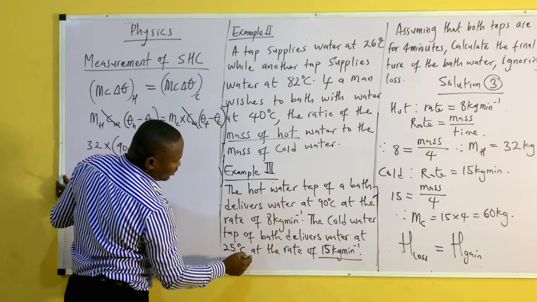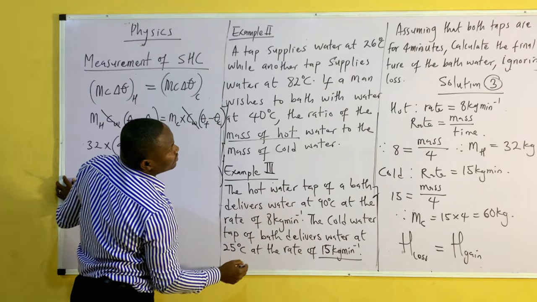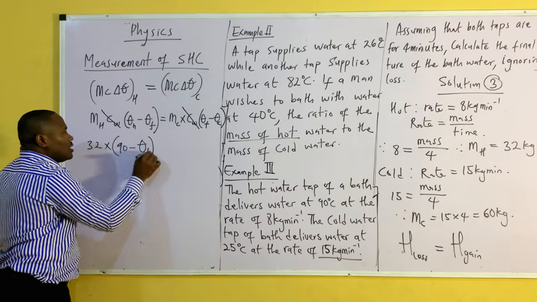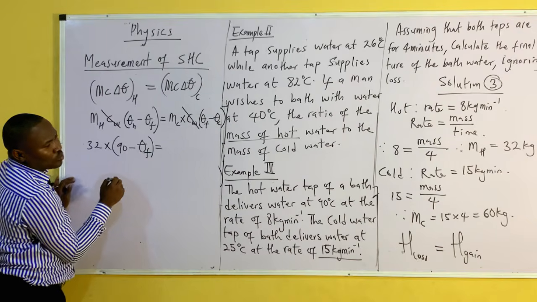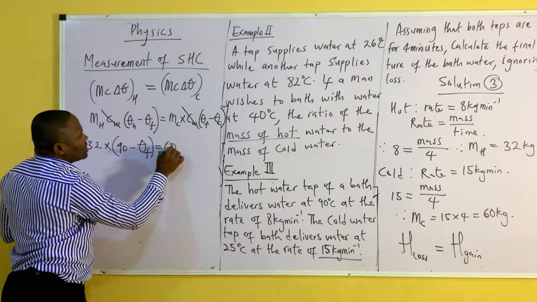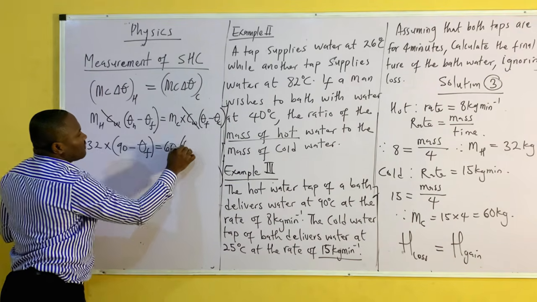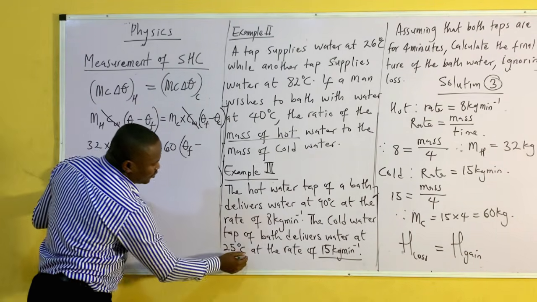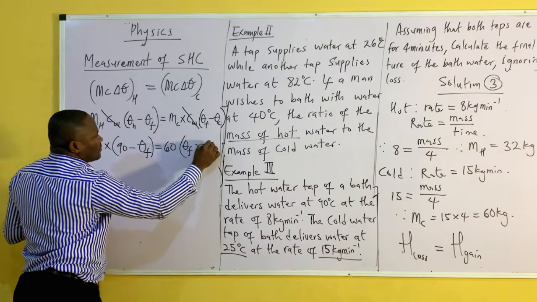The final temperature is what we are looking for. Theta final is equal to the mass of cold, 60, open bracket theta final minus temperature of cold, which is 25.